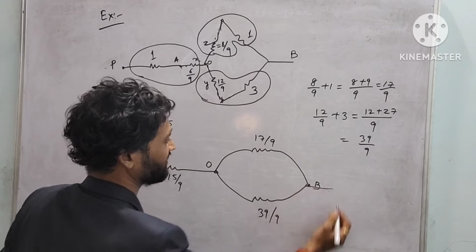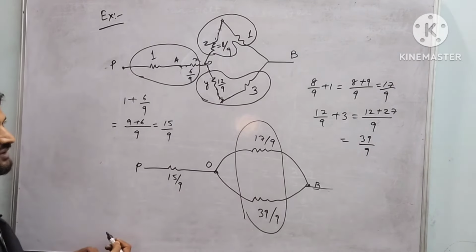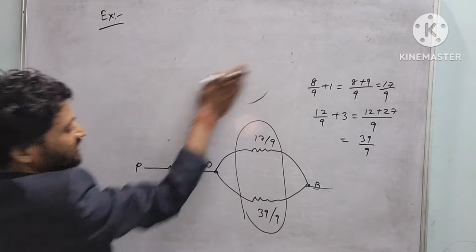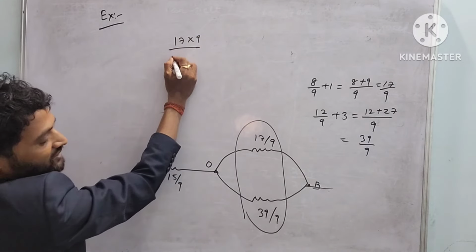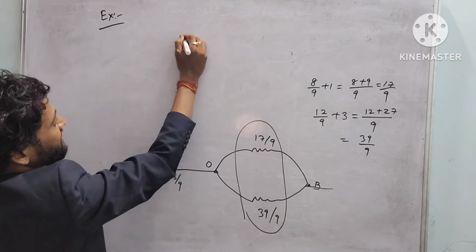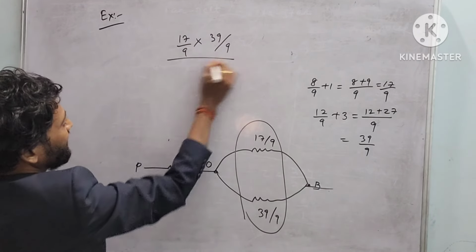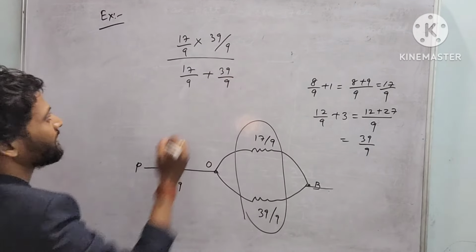Now both are in parallel, so you can get the answer. Both in parallel means 17 by 9 into 39 by 9, divided by 17 by 9 plus 39 by 9.